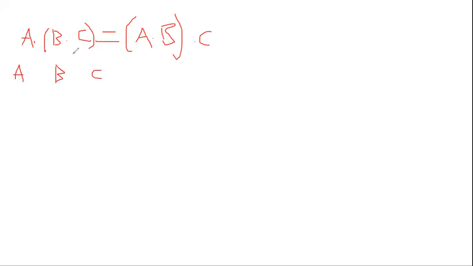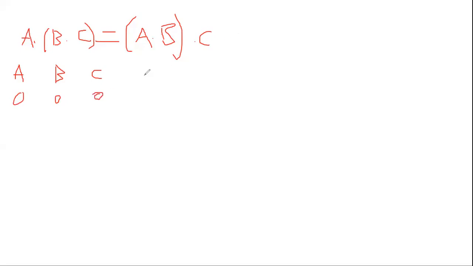Whenever we use 3 variables, 2 cube means 8 combinations. We already learned these combinations from 0 to 7.